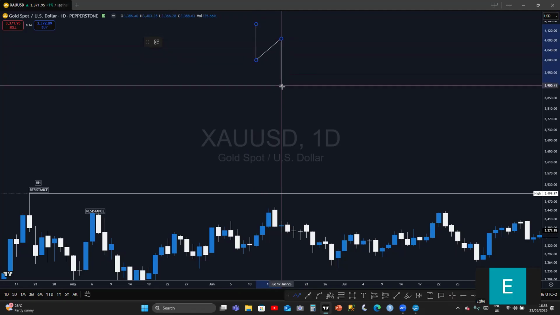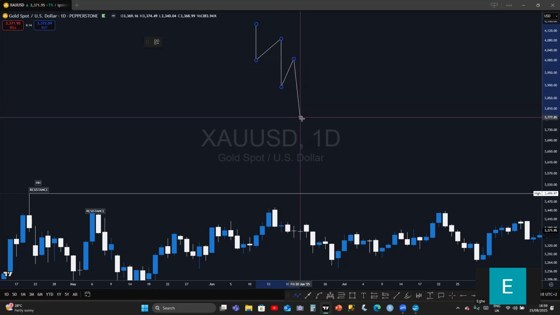Come down, create a support, violating this previous support level. It has created a resistance. All right, now the next move, once it gets to a level where buyers will now push the price up, price will get to this level, sellers will take over from here, push the price to the downside.